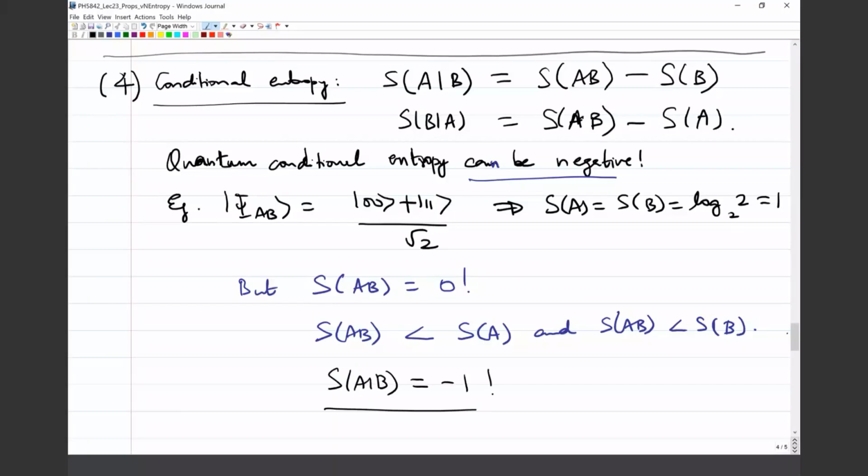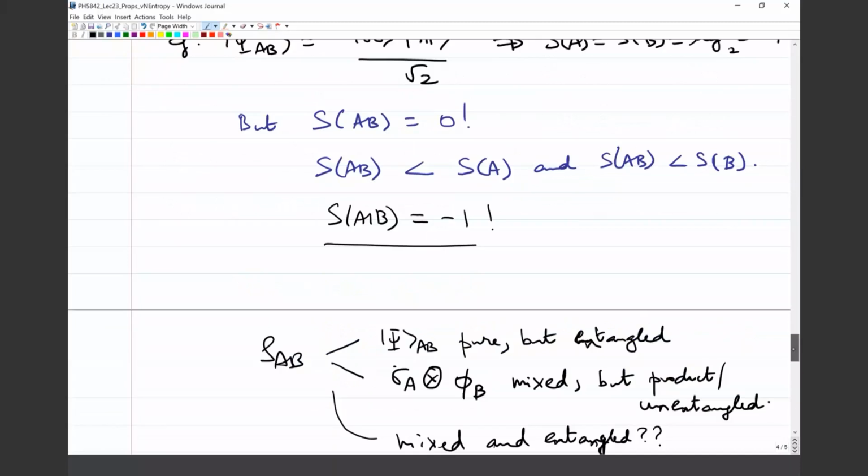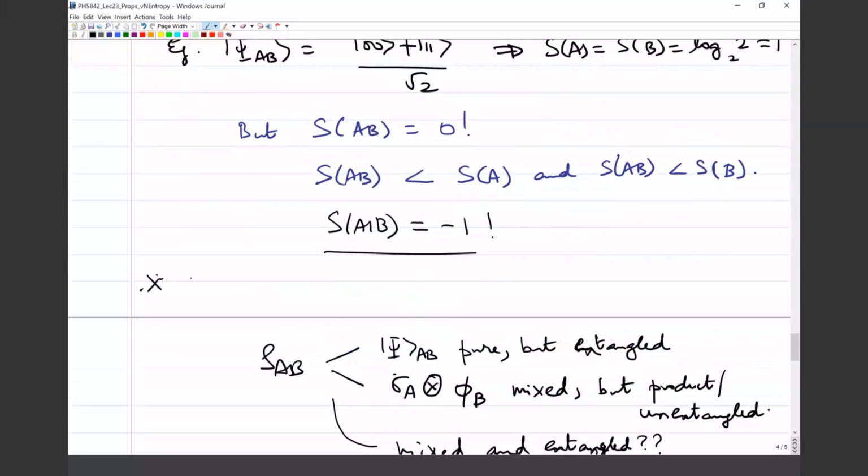Actually, the statement you can make very precisely is that for pure bipartite states, again, this goes back to the Schmidt statement that we just made earlier. For pure bipartite states, the conditional entropy is negative if and only if psi AB is entangled.